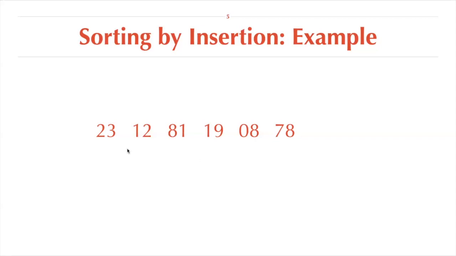In this algorithm, it starts with position 2. The number of elements is 6, so n equals 6 here, and we start from position 2. We denote the position with i. So we start with i equal to 2, and at position 2 the number is 12.